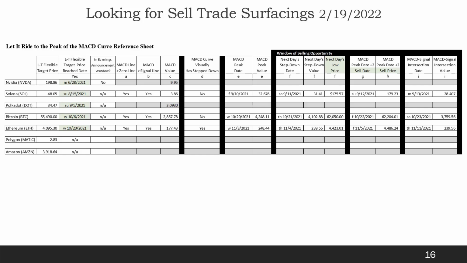NVIDIA on June 28th, Solana on August 15th, Polkadot on September 5th, Bitcoin on October 6th, Ethereum on October 20th, all in 2021.